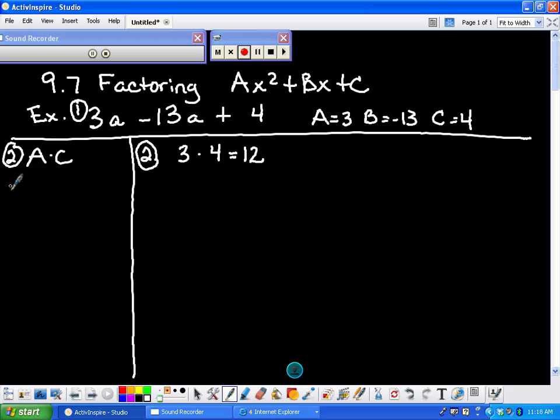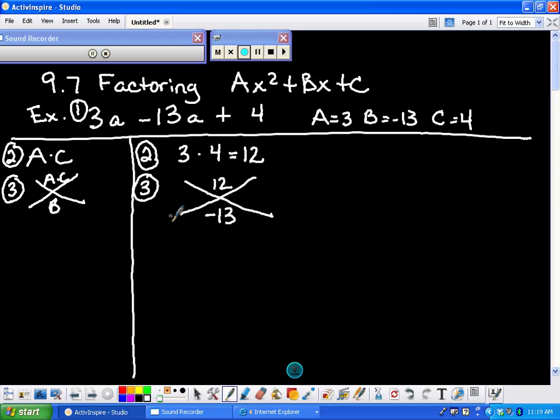Now for step number 3, I told you to use the big X. In the big X, we put a times c at the top and b at the bottom. So a times c is 12, which we just found, and b is negative 13.